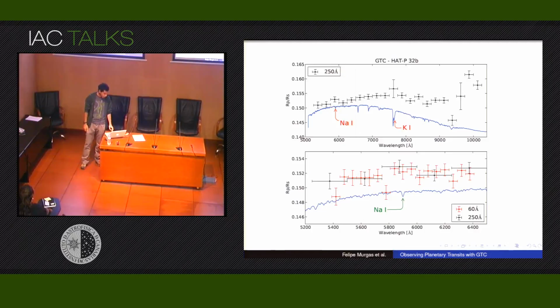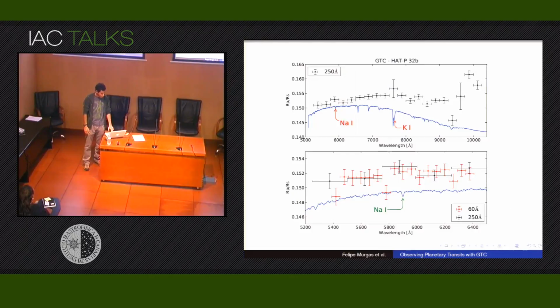These 3 points agree with the wider filter, the black dot, but you still have these outliers, you may say, that I haven't had the time to work on yet. But maybe this could be a detection of sodium.